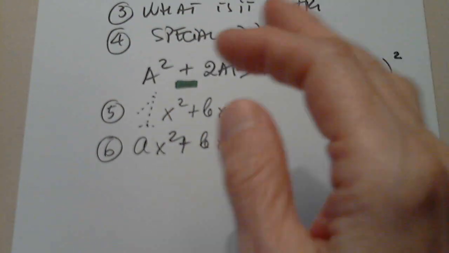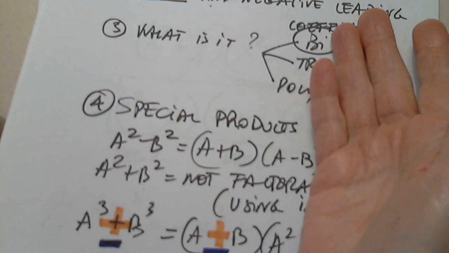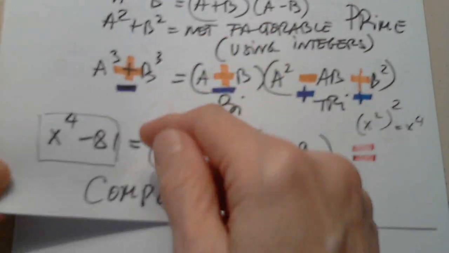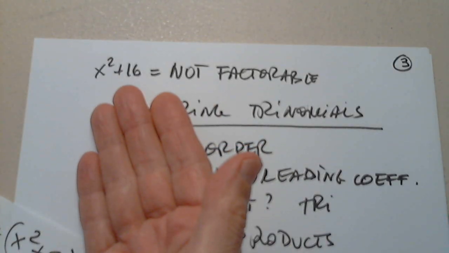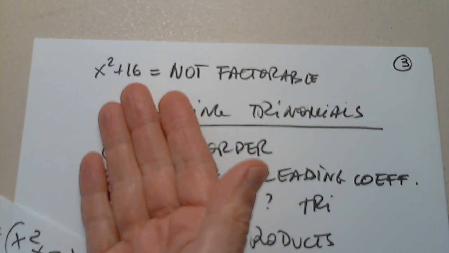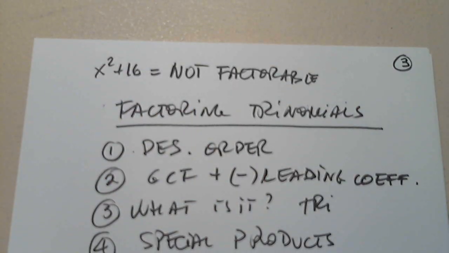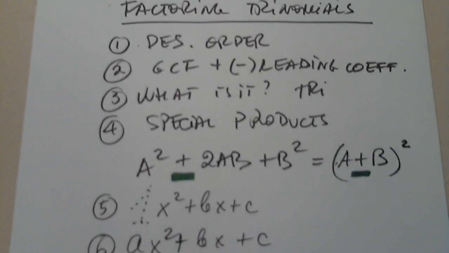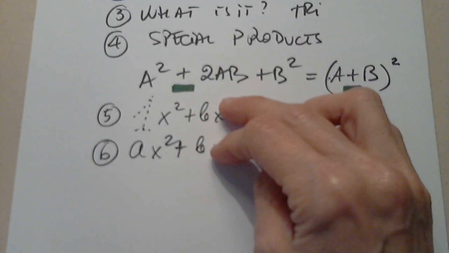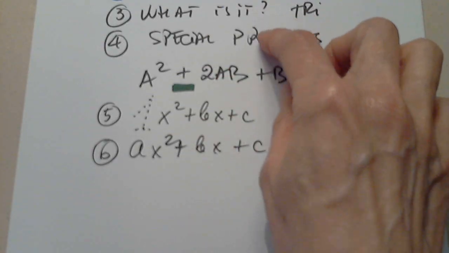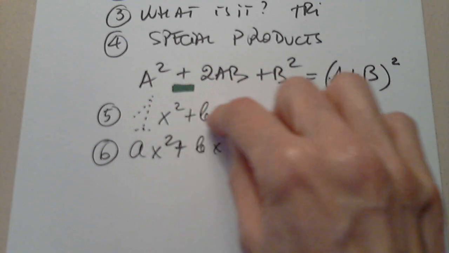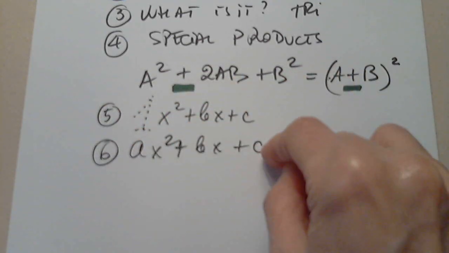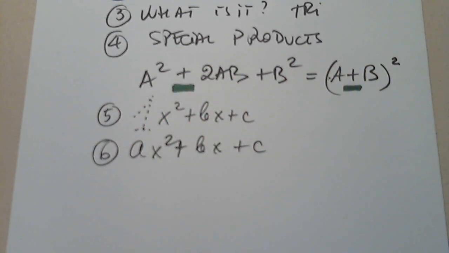So what I'm saying here is, if there are no greatest common factors, no negative leading coefficient, and no special products, then the binomial, as we just had, is prime. There is nothing else. I don't have other options. But for trinomials, we do. If the special products don't work, number 5 doesn't work, number 6 doesn't work, then we say it's prime.